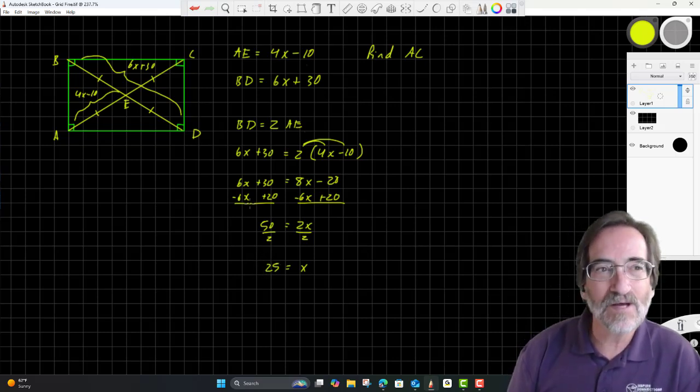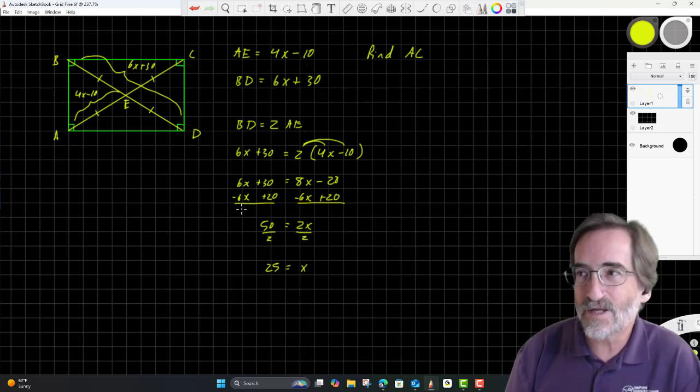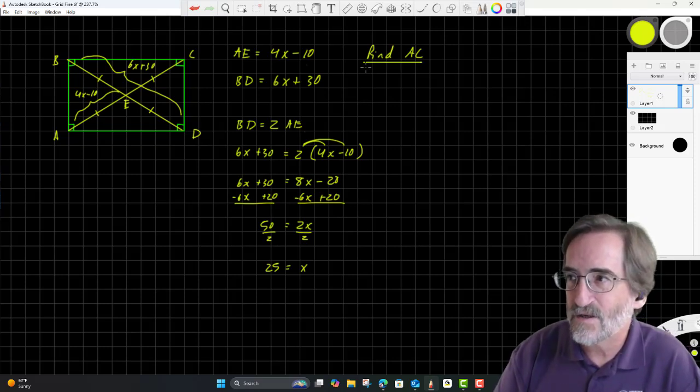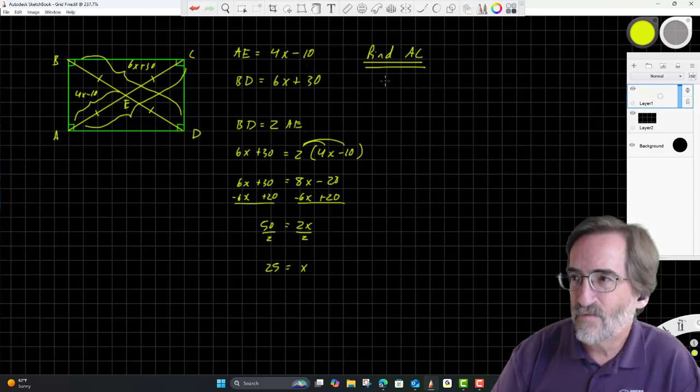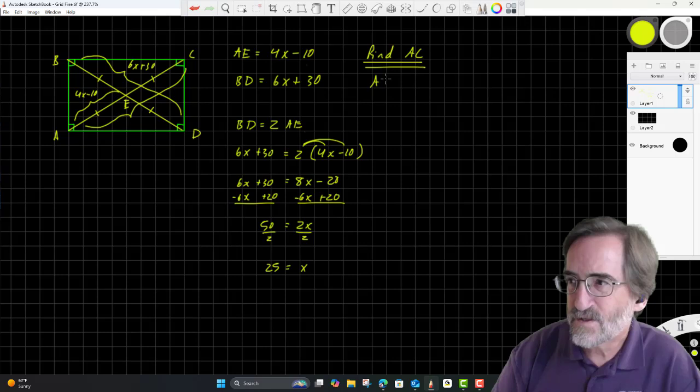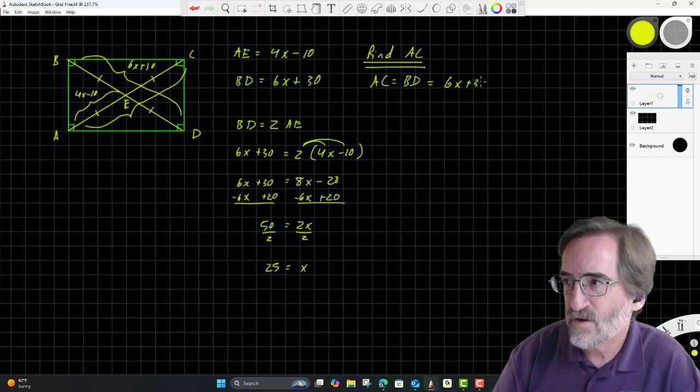So that's what x is. Now sometimes the temptation is to say, we're done, we found x, but we need to find AC. AC is 2 segments. So AC is the same as BD, right? AC equals BD, and BD equals 6x plus 30.